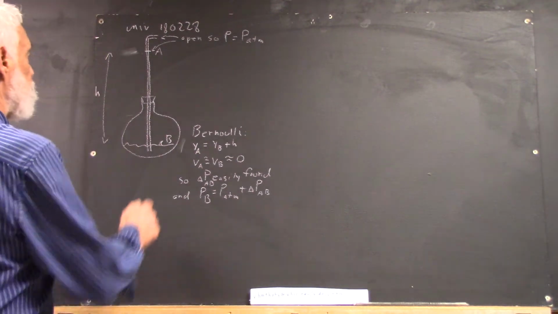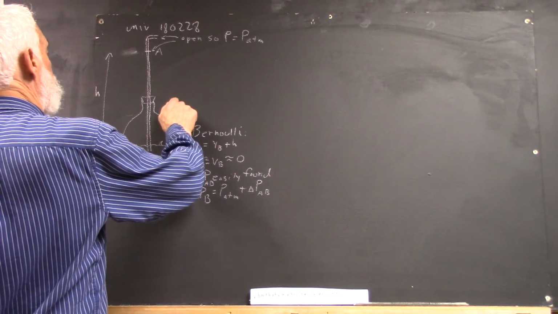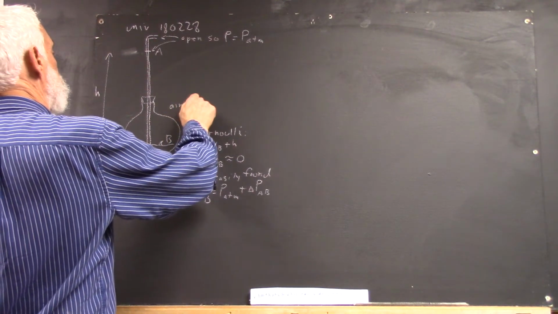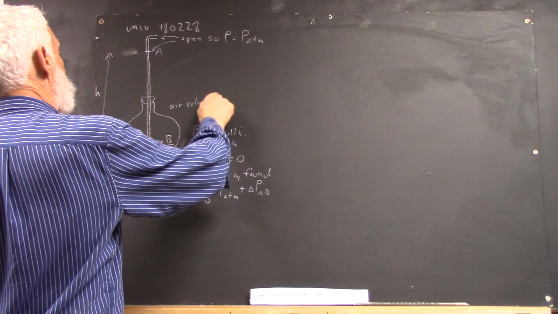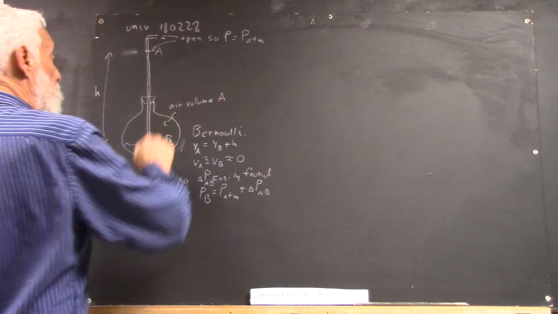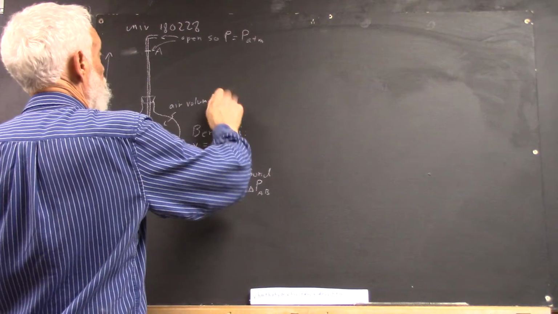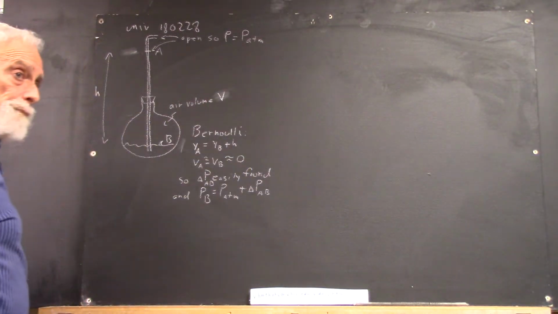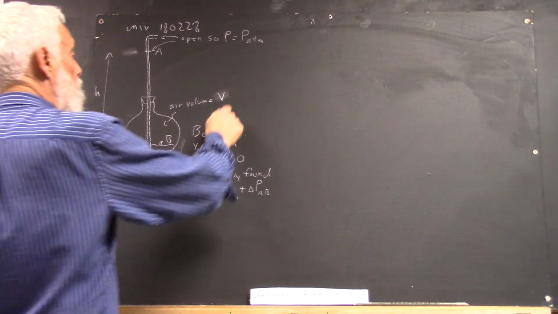Now, air volume is V. Okay? And we'll call that V naught.